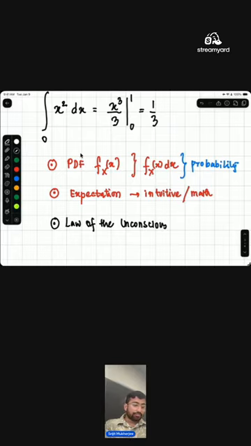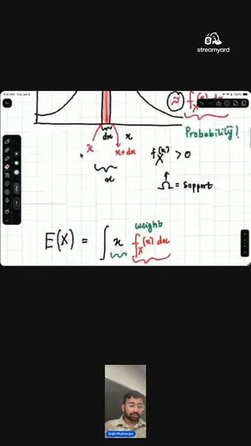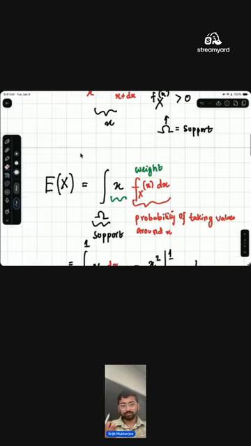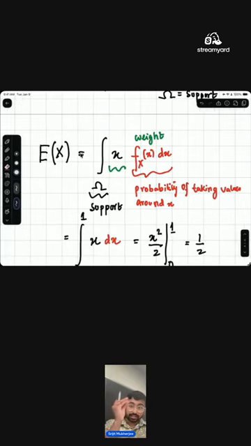So I have defined it, Rohan, that expectation is nothing but the weighted PDF, and also defined what this means, as you can see on the whiteboard. What is a basic definition and intuition of expectation? It's not the average of the PDF, but the average of the values the random variable x is taking, multiplied by the weight, where the weight is defined by the PDF. It's not the average of the PDF.